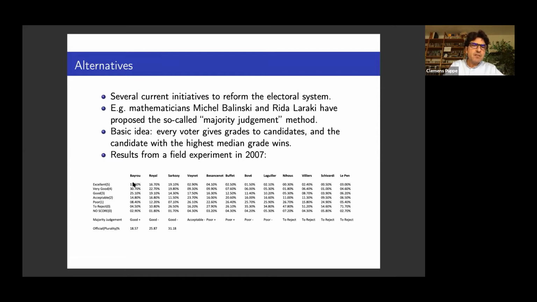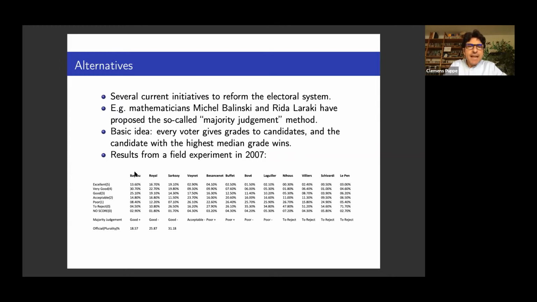So these numbers here should sum up to 100. I hope they do, right? 100%. So for every candidate, every voter has to give one of these grades, or simply say nothing, no score. And the same for Royal. Here are the figures for Royal, then Sarkozy, and so on.